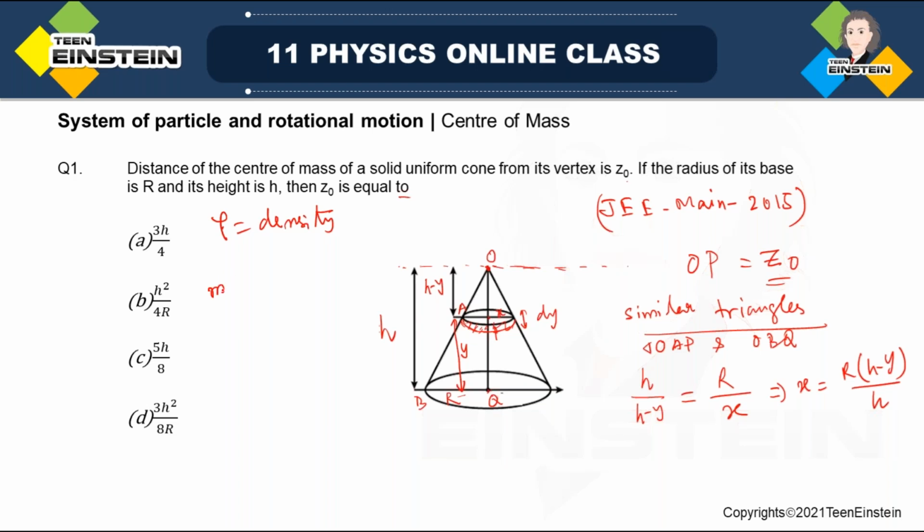So the mass of the disk will be what? Suppose the mass of the disk is m disk. I know the density is rho, so pi x square into dy is the volume, into rho. This will give you the mass of this thin disk. Let us put the value of x.